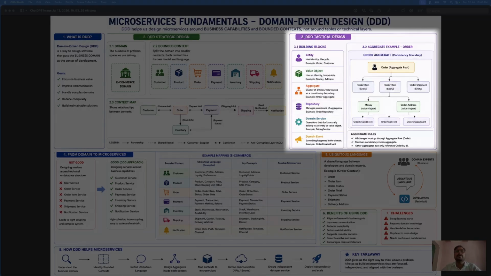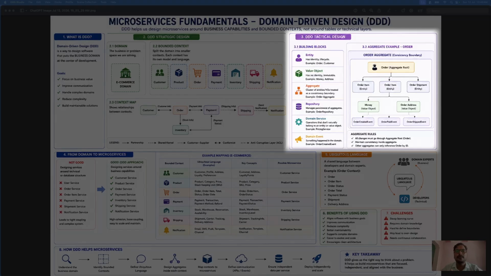What is tactical design? These tactical design concepts are the building blocks that developers use while writing the code. Let's understand each one. Entity. An entity is an object with a unique identity.